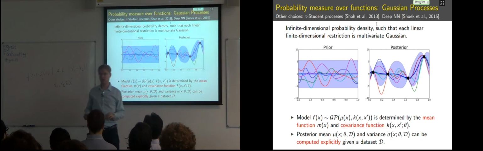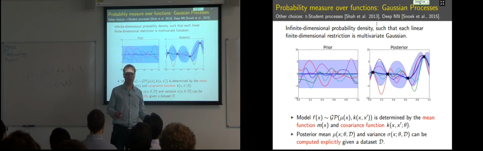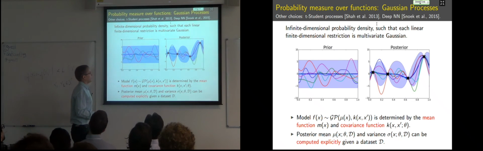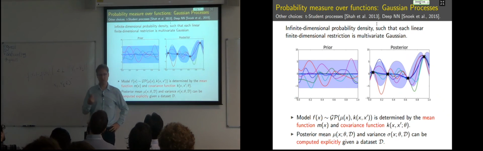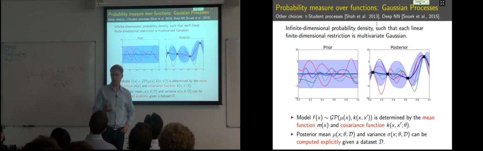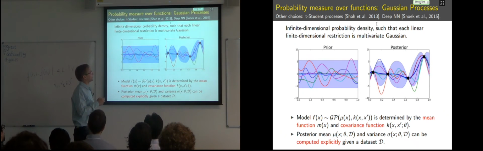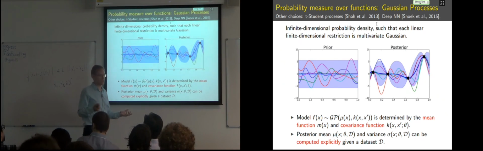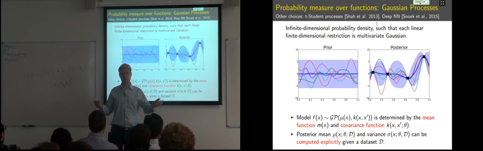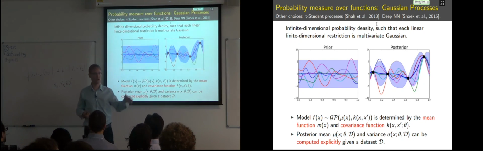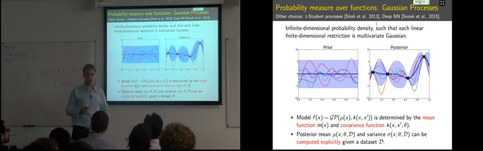So prior measure, you all know what you have to do. You have been doing Gaussian processes. Gaussian processes are nice models to deal with uncertainty. The posterior mean and the posterior variance have closed expressions, but you can also have other models to do this. But I prefer to use Gaussian processes, and I think Nando de Freitas is going to mention in the next talk other types of models that you can use to solve this problem as well.